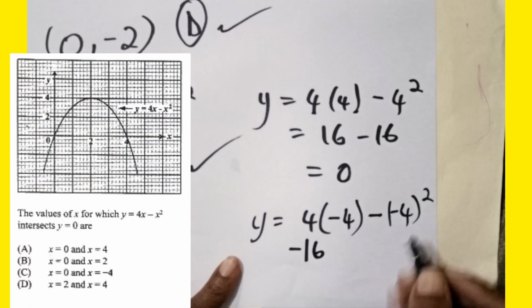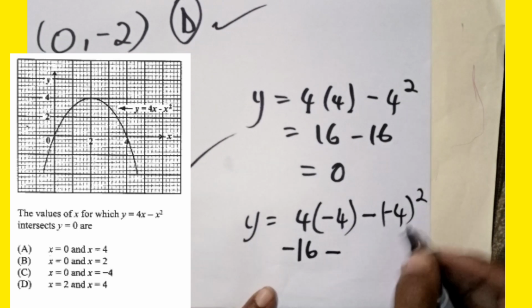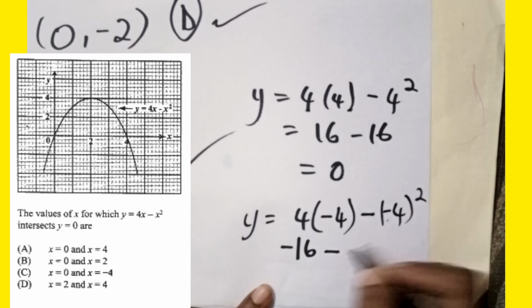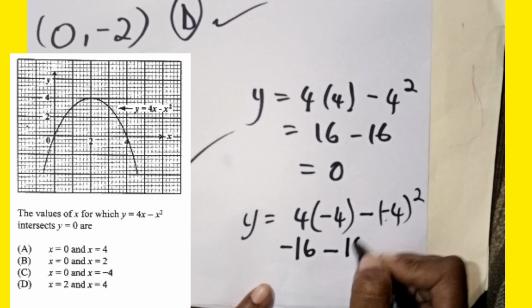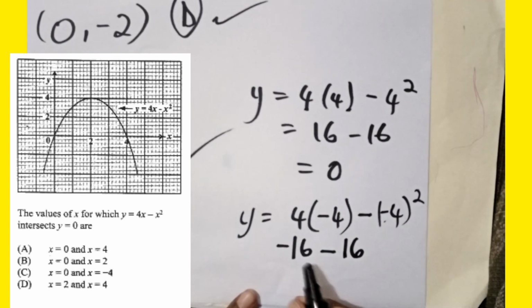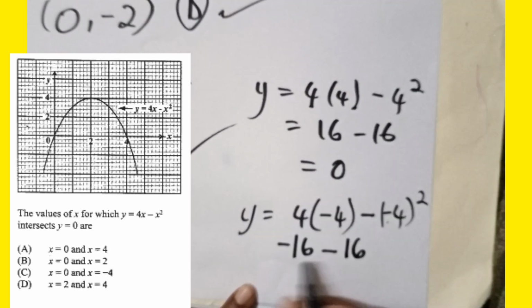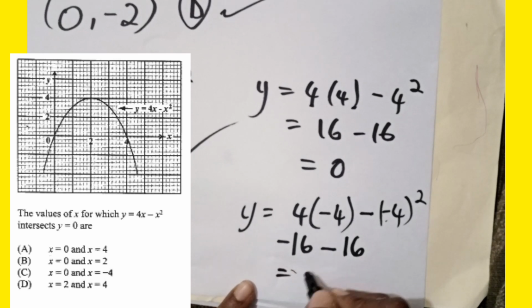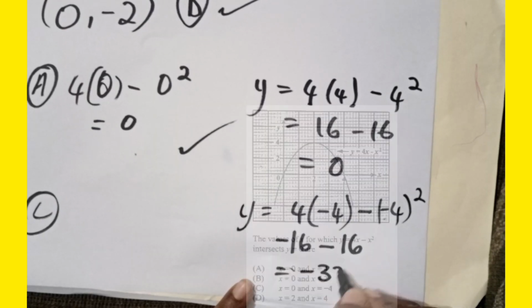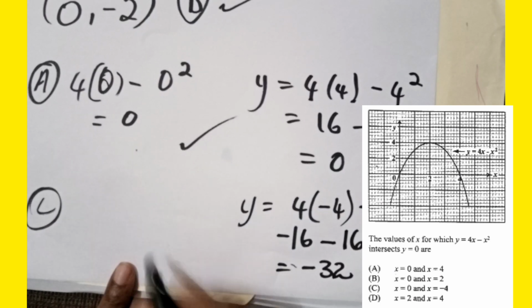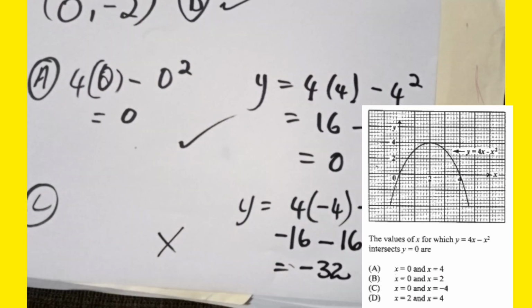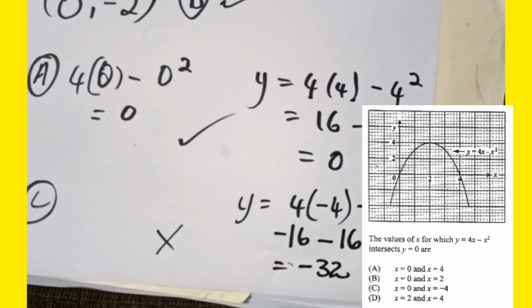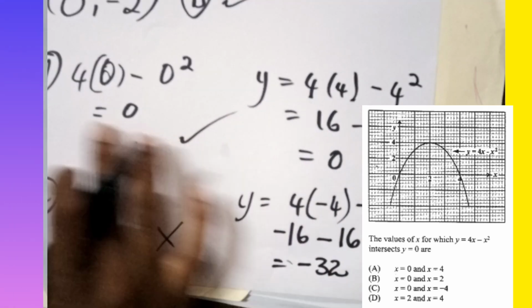So say for example you don't remember, again you can substitute the values just to make sure. So for C, if we substitute negative 4 for x, we would get negative 32. So C would definitely not be our answer.